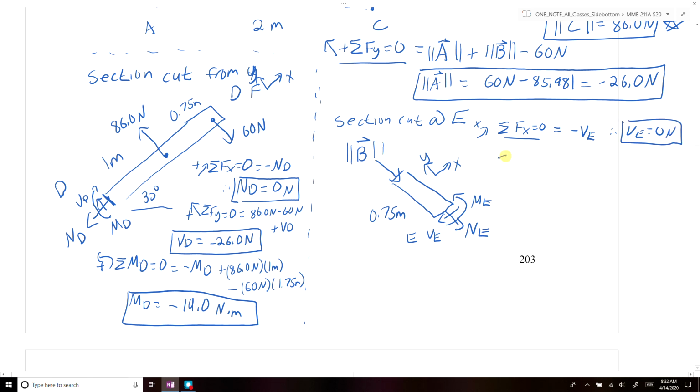Alright, and then if we sum all of our forces in the y direction and set that equal to 0, we'll get minus B minus NE. So NE is going to be equal to minus B, and we know that B is equal to 86.0 newtons, so we should get minus 86.0 newtons here.